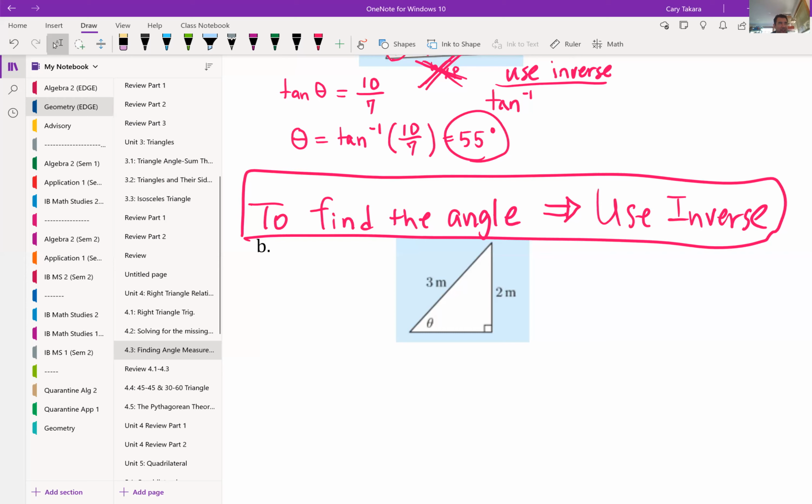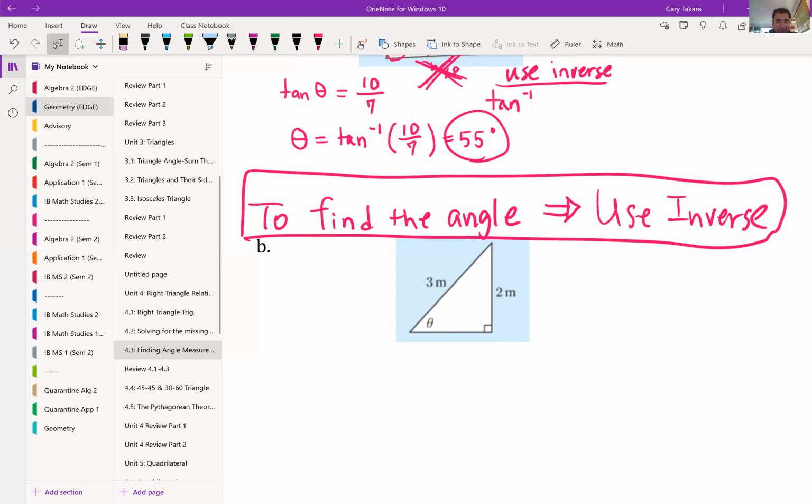Does anybody have the answer for theta? That's right, we're going to use the sine.